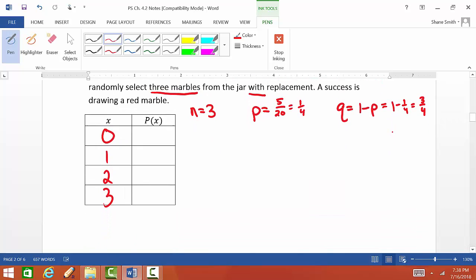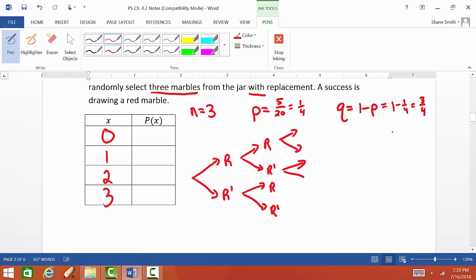All right. So let's make a tree diagram for this scenario. Let's say we have a jar, we get a red marble, and R prime is not red. Okay, and we're doing this 3 times. So let's do it one more time. R, R prime, R, R prime. Do it one more time.